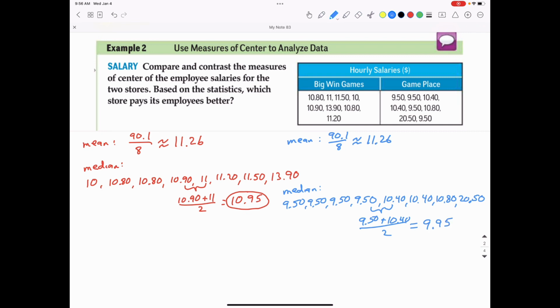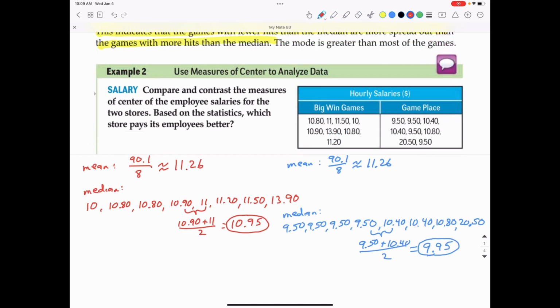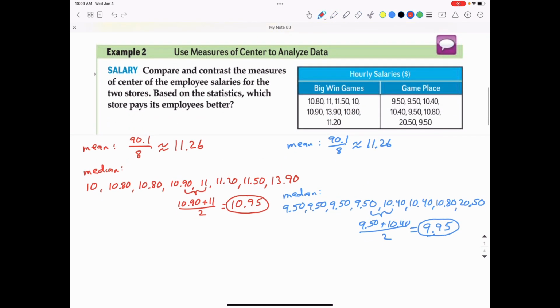So notice that the median salary for Big Win Games is $10.95, whereas the median salary for Game Place is $9.95.